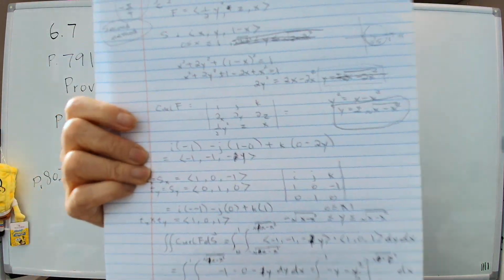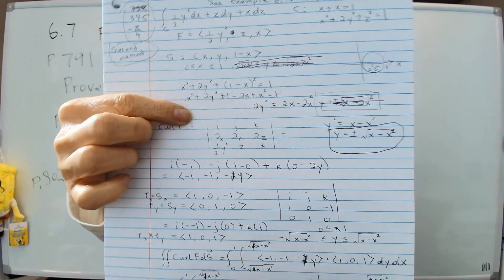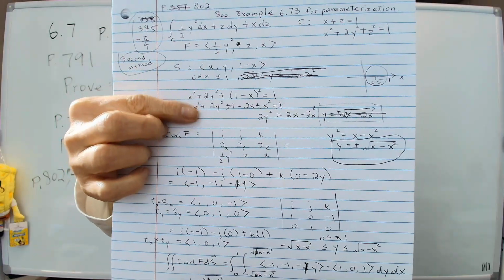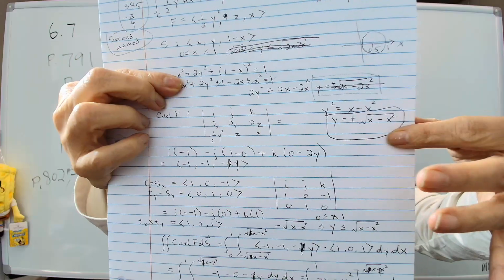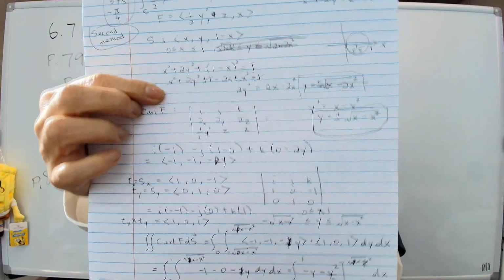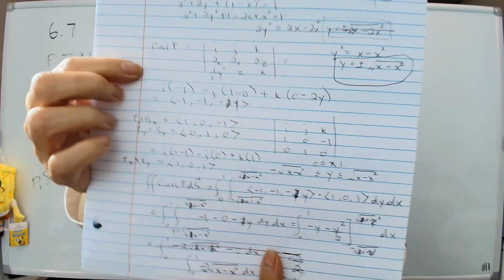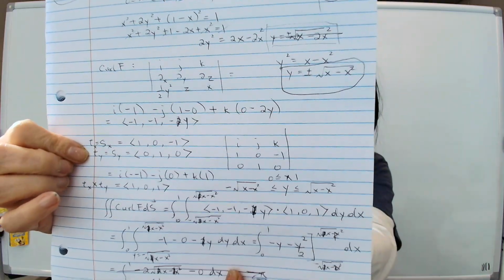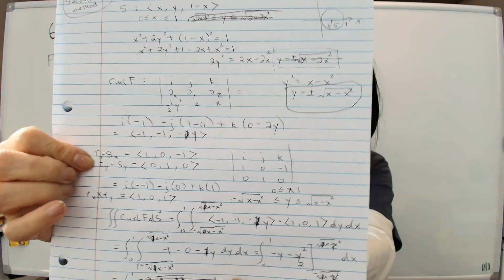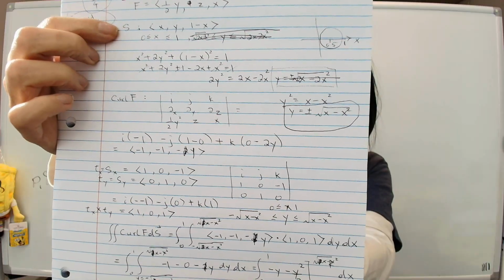And then the hard part is just to figure out what the limits are. That is, what's y ranging from? So y is ranging from positive and negative of the square root of x minus x squared. Once we figure that out, then the rest is routine. You calculate curl of F, calculate Tx and Ty, which is simple because S is just some plane.